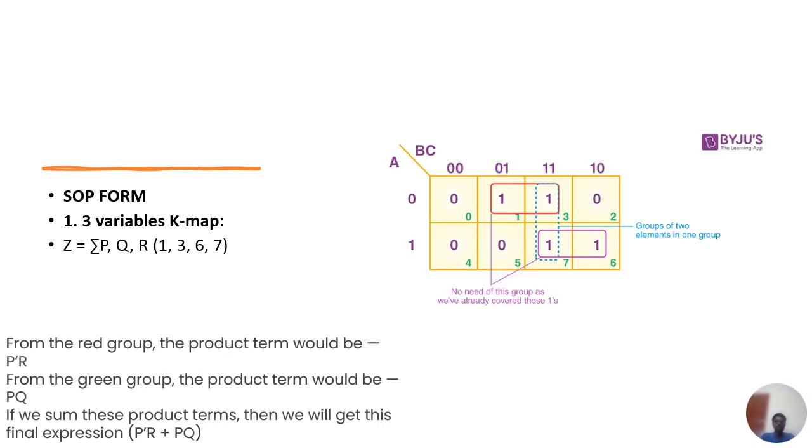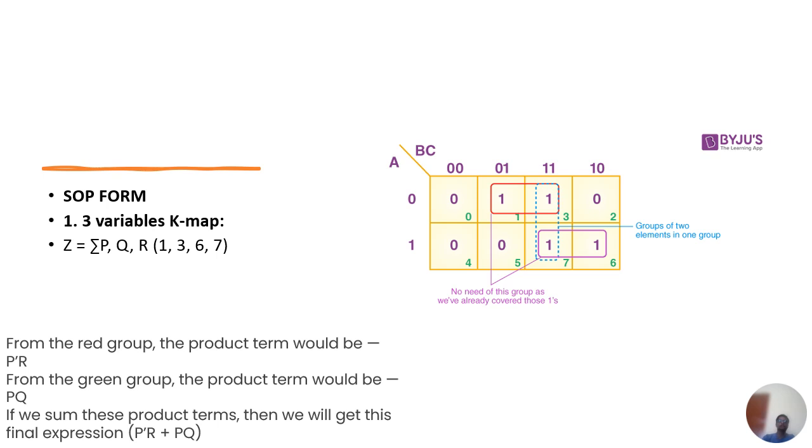Now let us discuss SOP form. SOP form for a three variable K-map, that is Z equals PQR, and the elements are 1, 3, 6, 7. For the three variable K-map, we have to consider 2 to the power 3, so we get a total of 8 blocks.